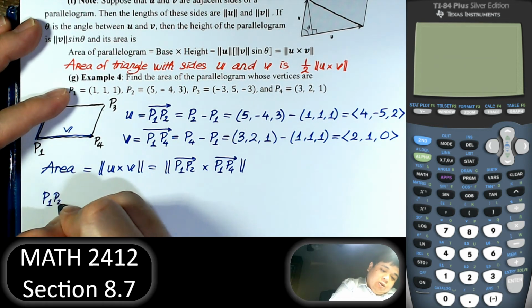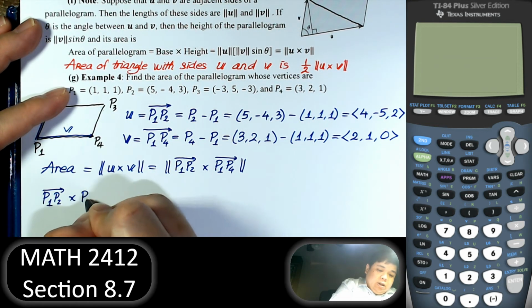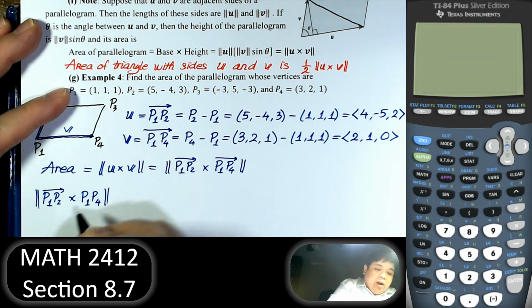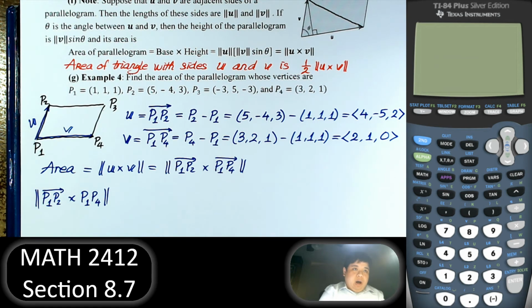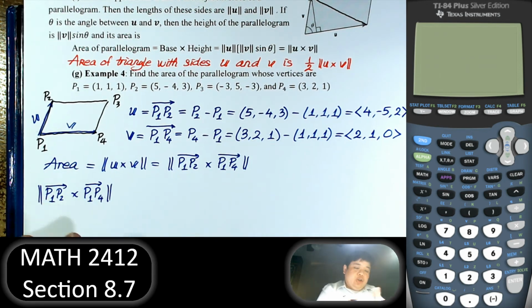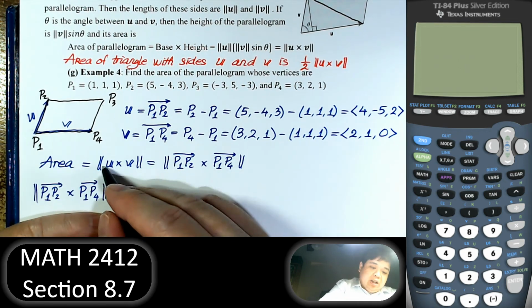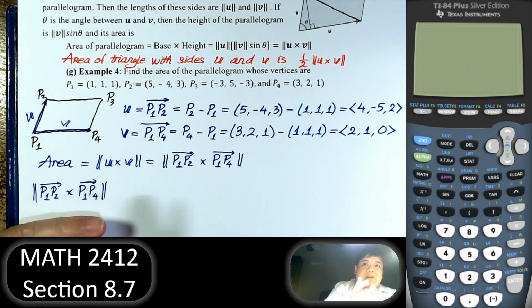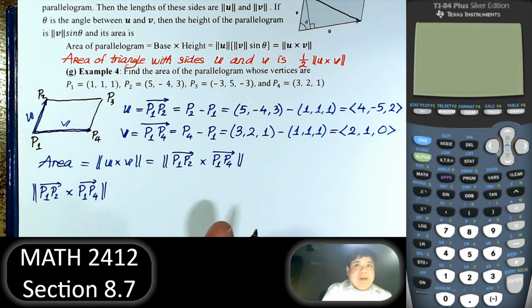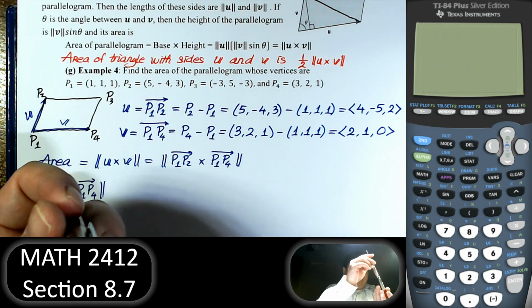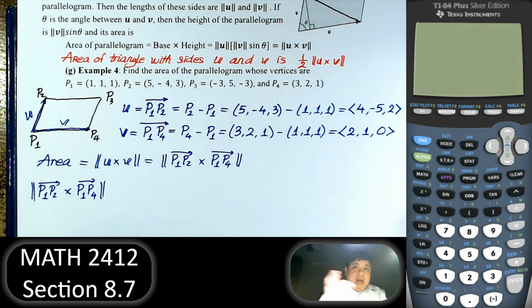By the way, we could also do P1, P4 cross P1, P2, meaning we can interchange them. If we don't want to do U cross V, we can also do V cross U, but at the end we take the magnitude, so it's still the same, because opposite vectors will have the same magnitude, they just have opposite direction.